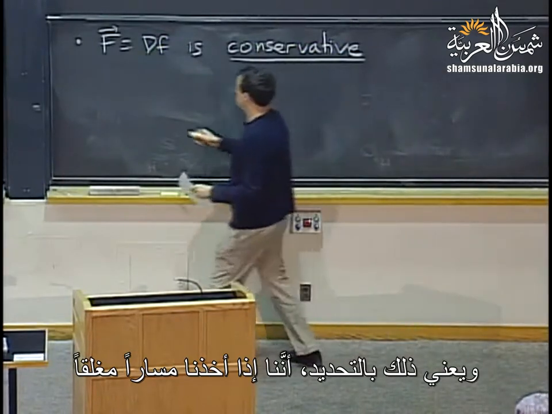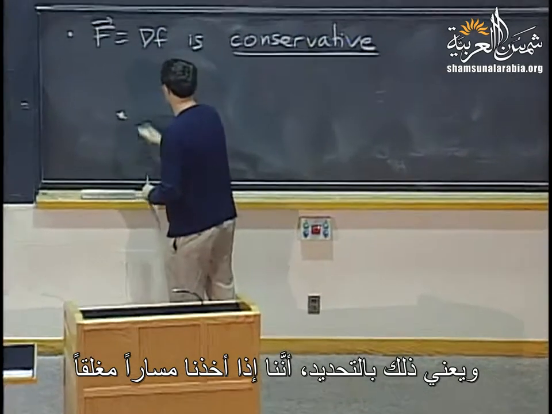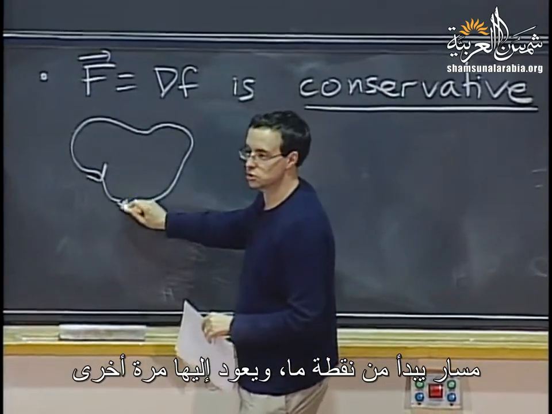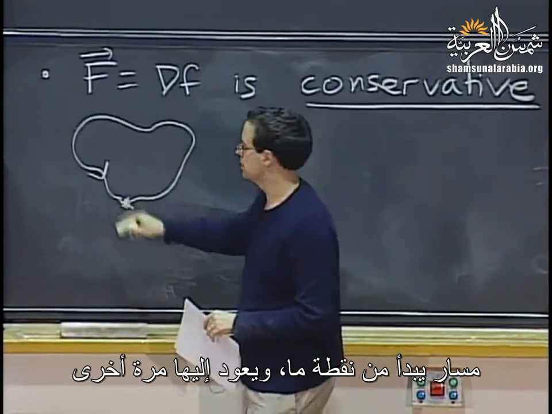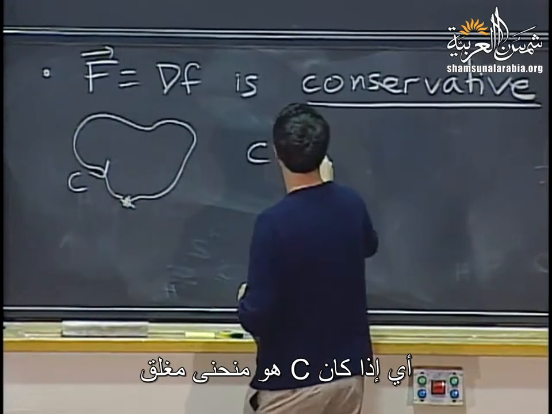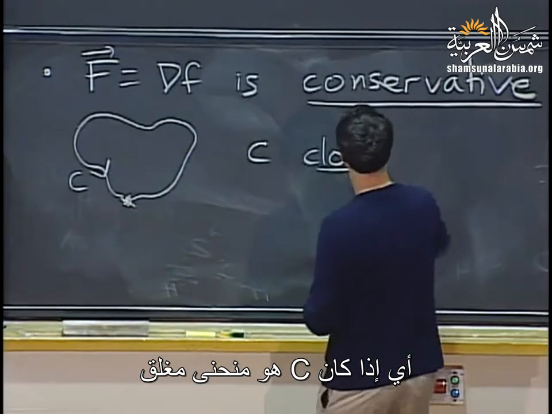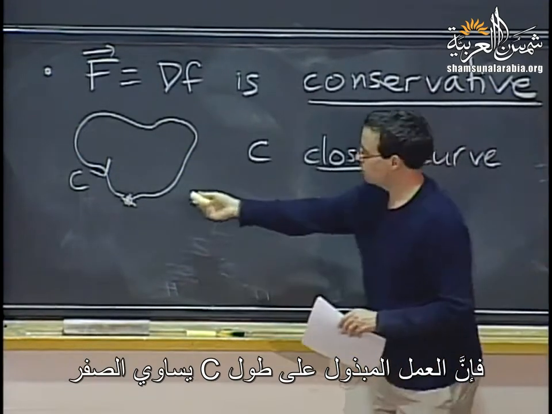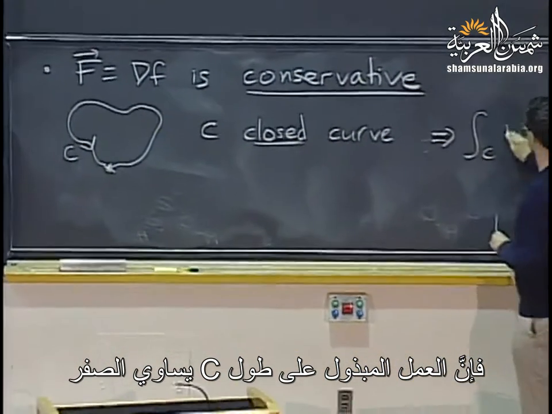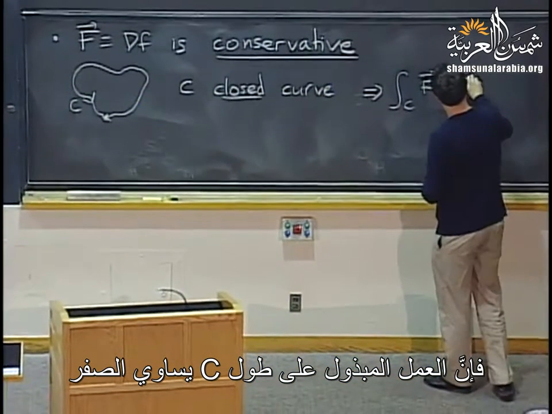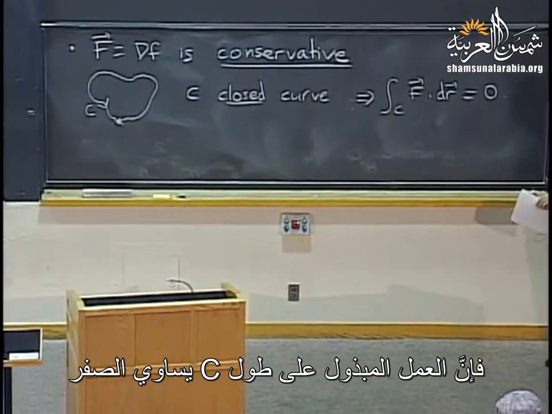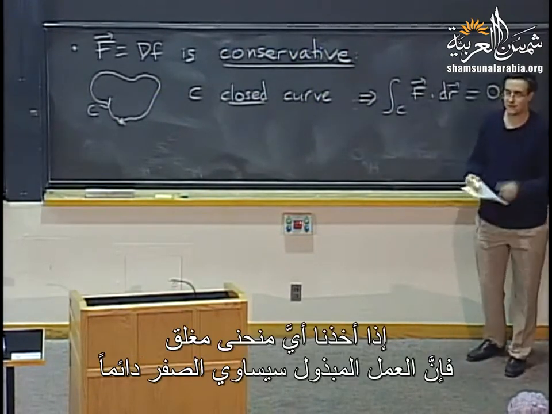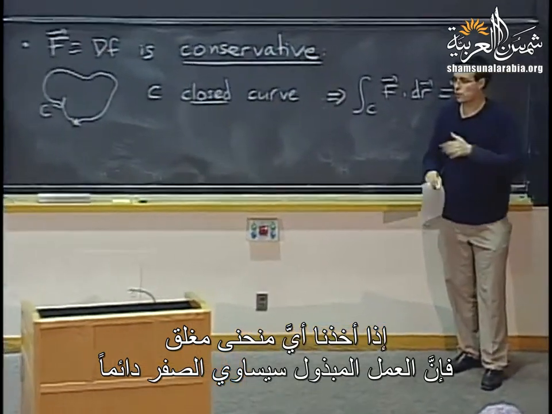So what it means, in particular, is that if you take a closed trajectory, one that goes from some point back to the same point, so if C is a closed curve, then the work done along C is 0. That's the definition of what it means to be conservative. If I take any closed curve, the work will always be 0.